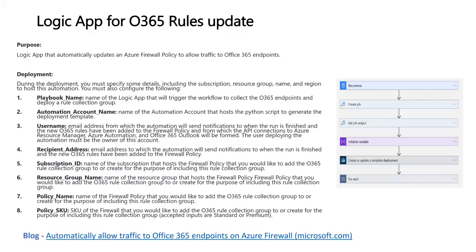It becomes a cumbersome task over a period of time, and we can't follow up with it. So to have an automated solution that does this task without any manual intervention, we needed to create this logic app.